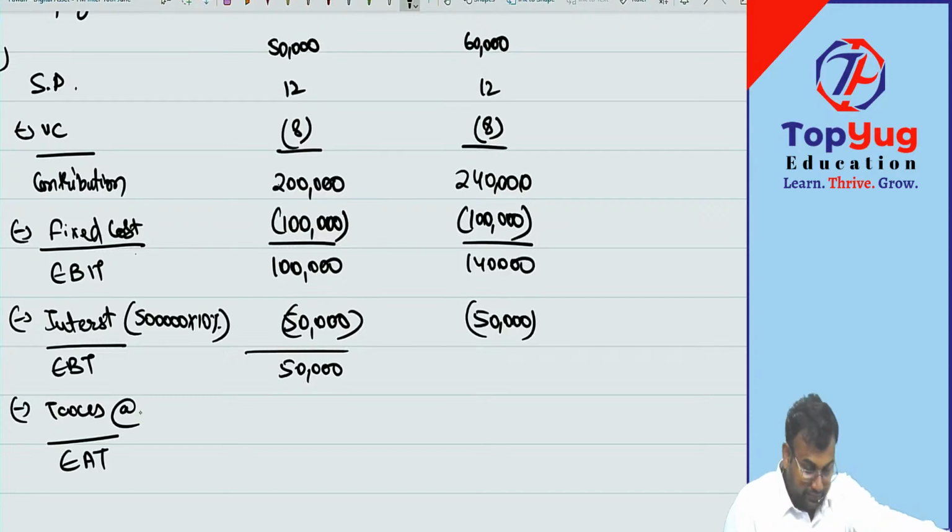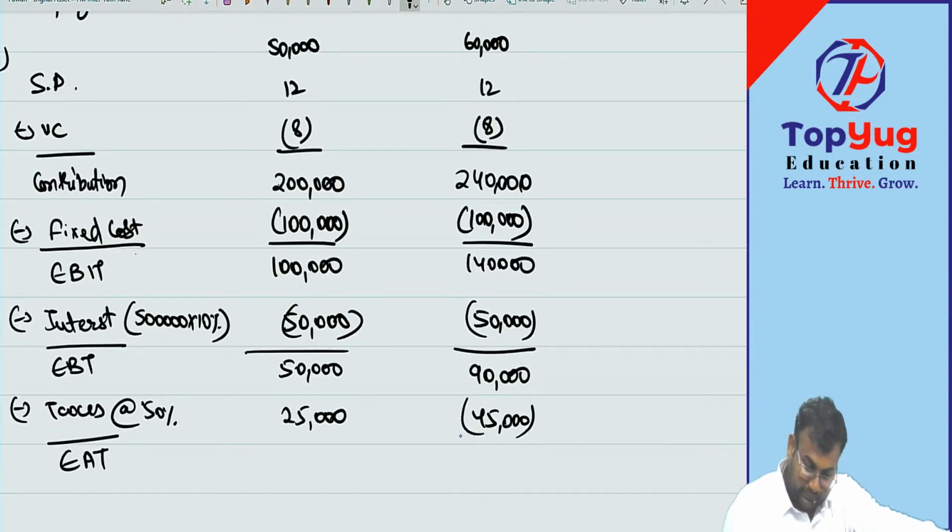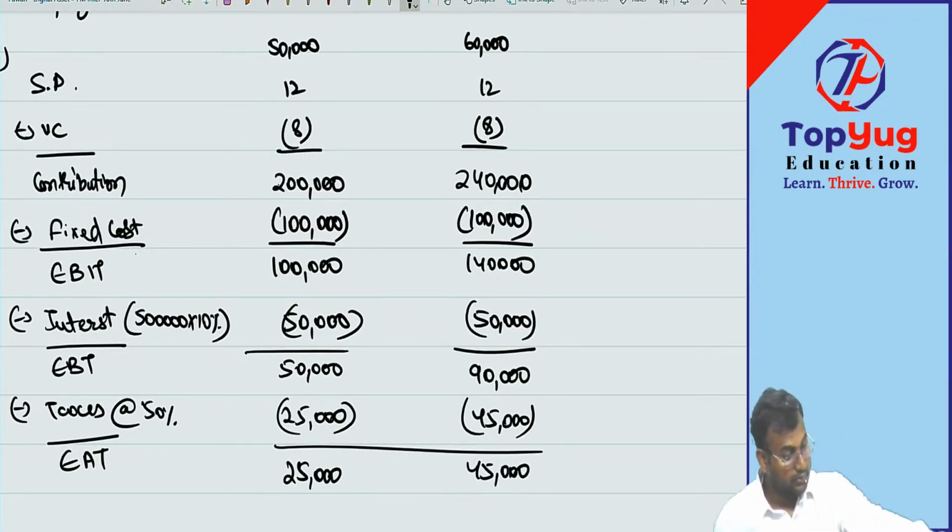Taxes are at 50%, very high taxes. Done.